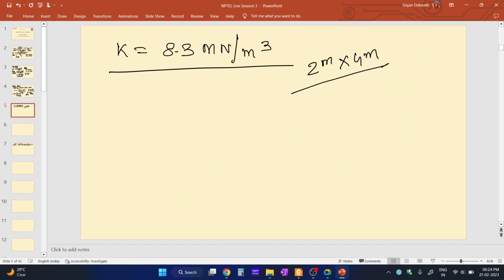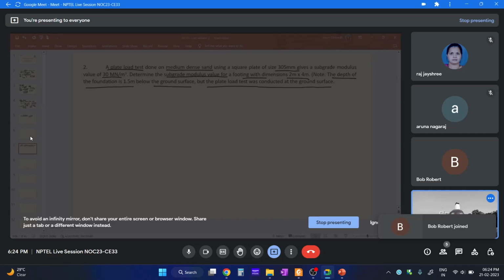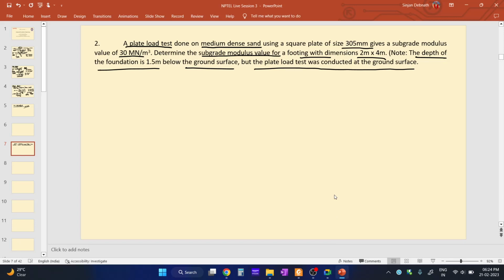But in this particular problem, the depth of the foundation is 1.5 meter below the ground surface. So now let's see. What we need to do is incorporate the depth effect over here.